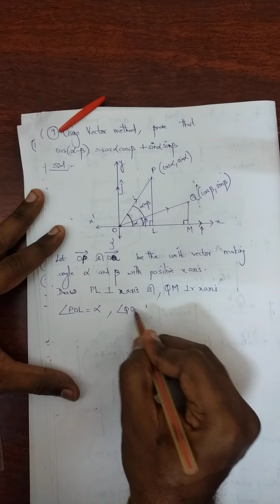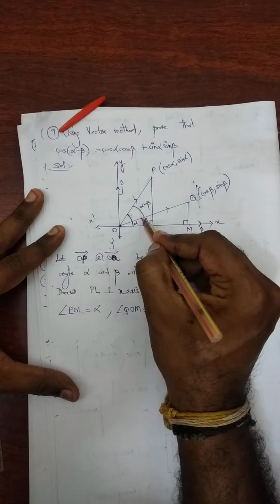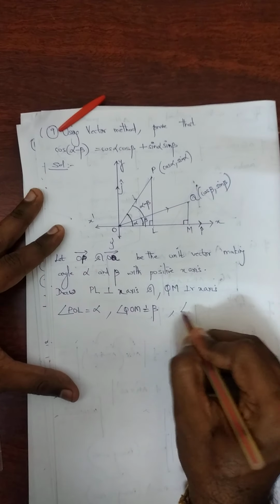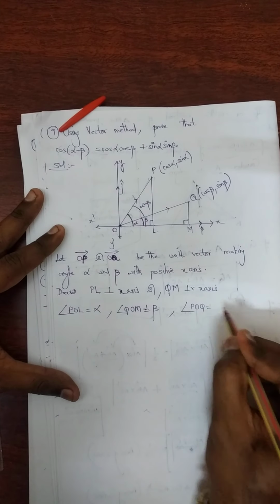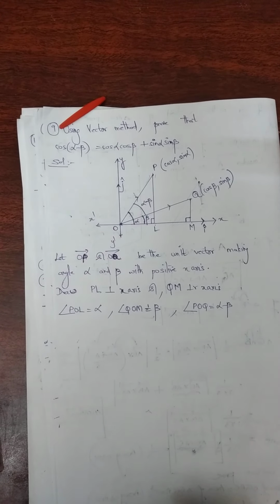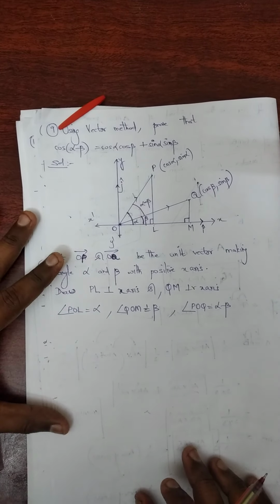Angle QOM, what is the angle here? Beta. Angle QOM is equal to beta. Then angle POQ is equal to alpha minus beta.